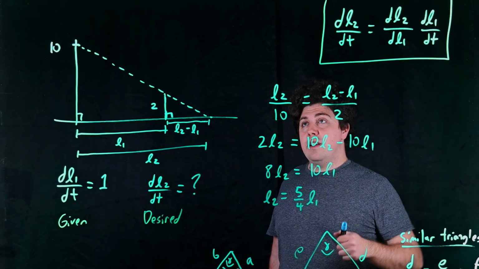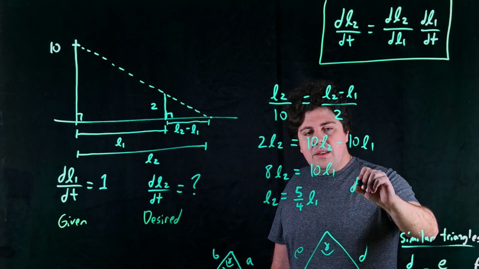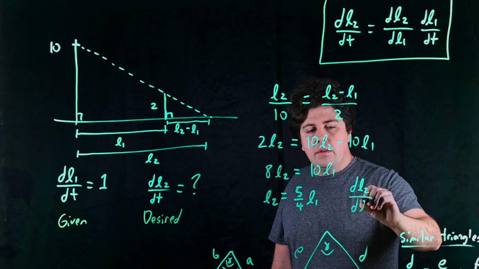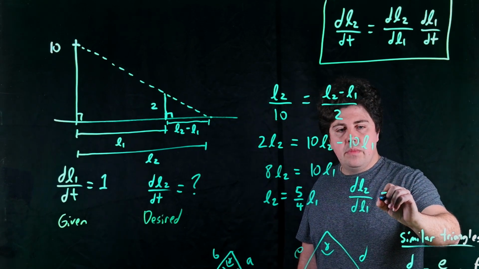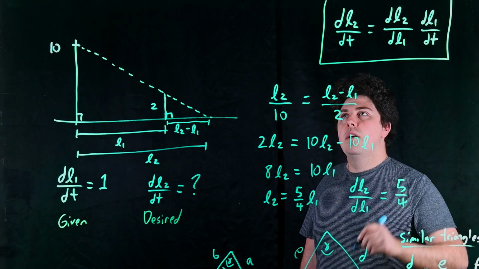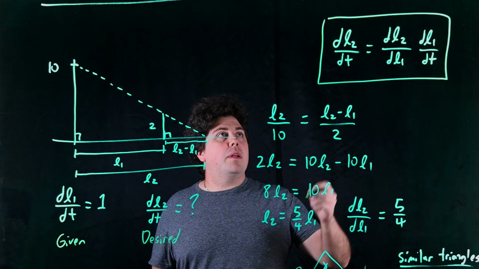But of course now we can differentiate this function in L1. And this means that dL2 by dL1, well, this is just a degree 1 polynomial in L1, so this is just going to be 5/4. So now I'll do it over here because it's the only place I have some room.